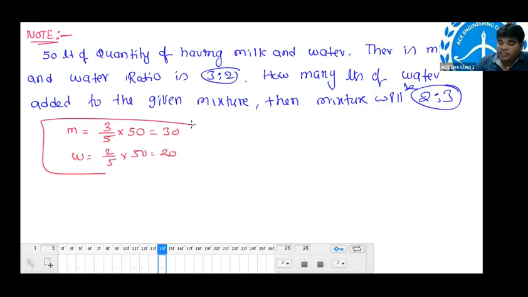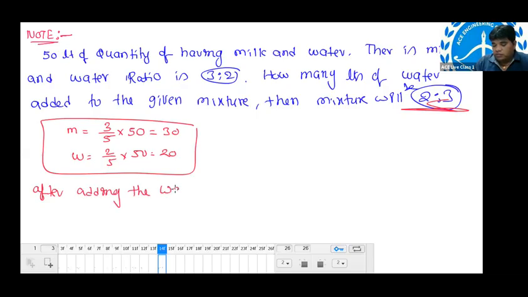So this is the initial quantity. After some time, some quantity of water is added, and we don't know how much. After adding the water, the new ratio is given as 2:3.